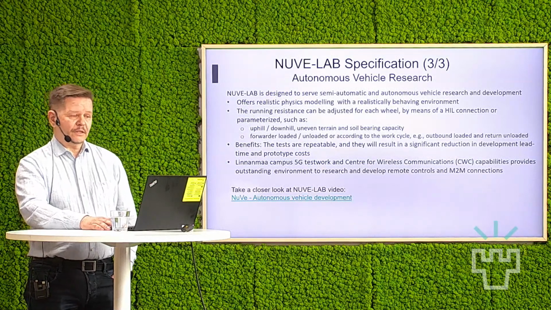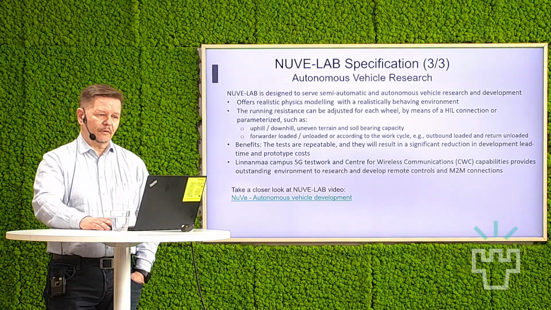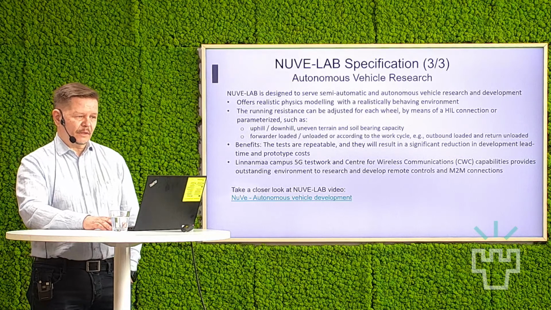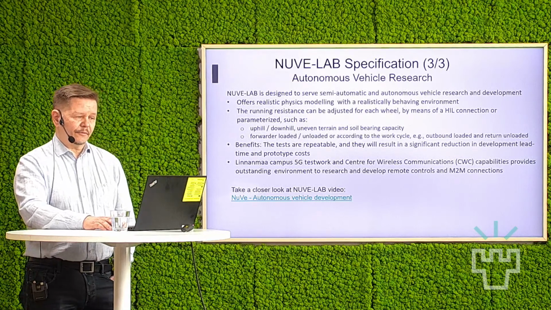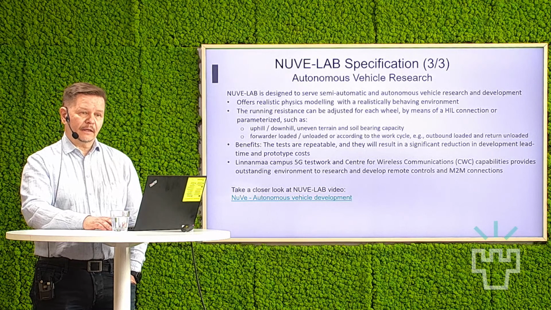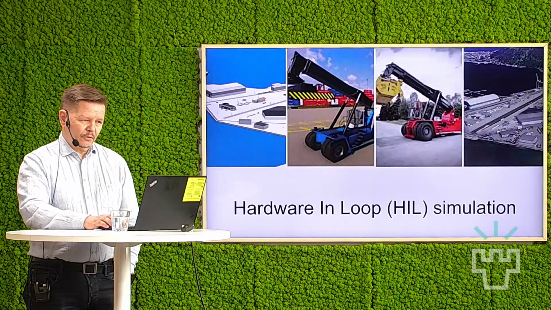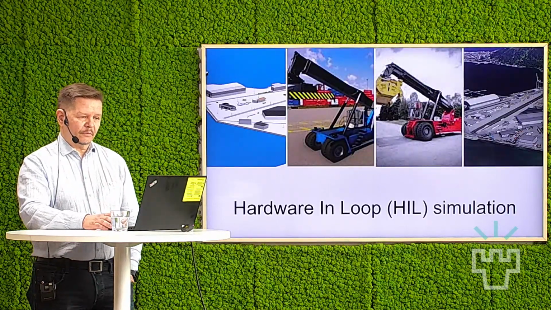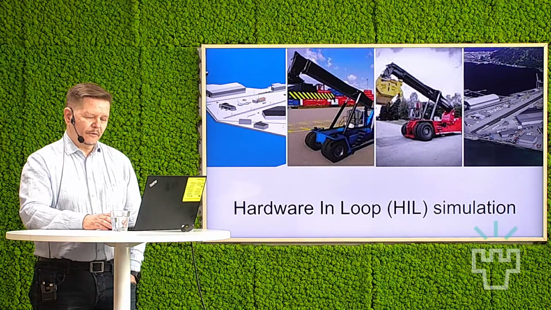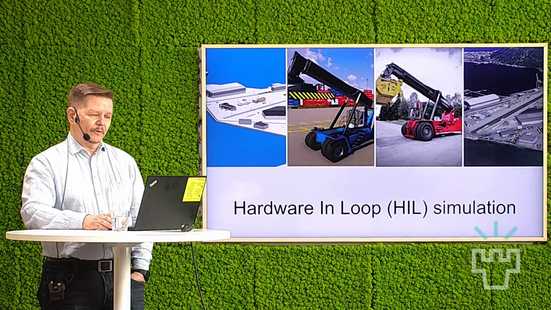One of the key issues in the environment is that the dyno is active, which means that we can adjust the running resistance for each wheel separately. So in this picture we have a digital model of the vehicle to be developed on the left.